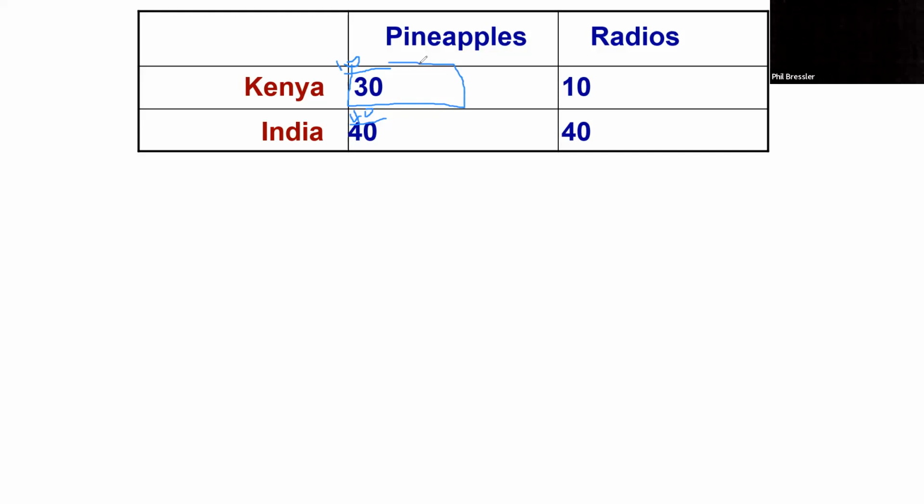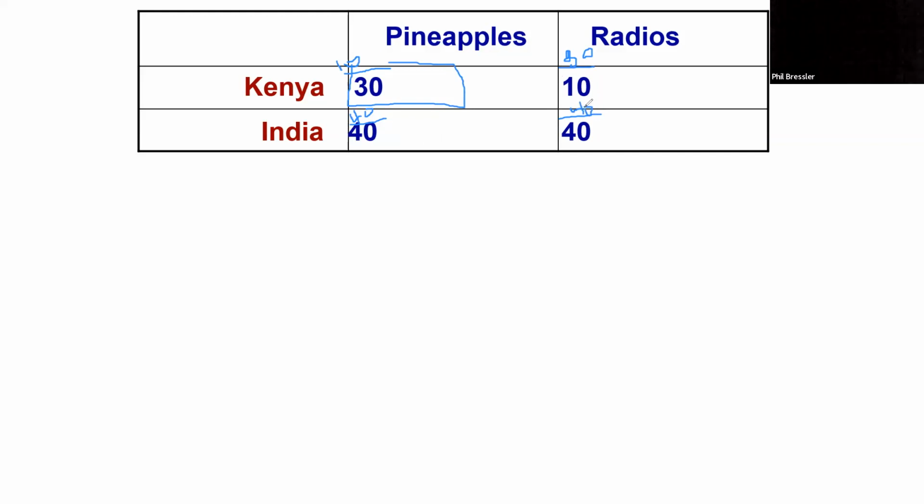However, just for practice, let's do it. If we're doing comparative opportunity cost for radios, we look at the other, which is pineapples, 30, and we put it over the 10. 30 over 10 we know is 3. Then India, the other, pineapples, is 40 over 40, which is 1.